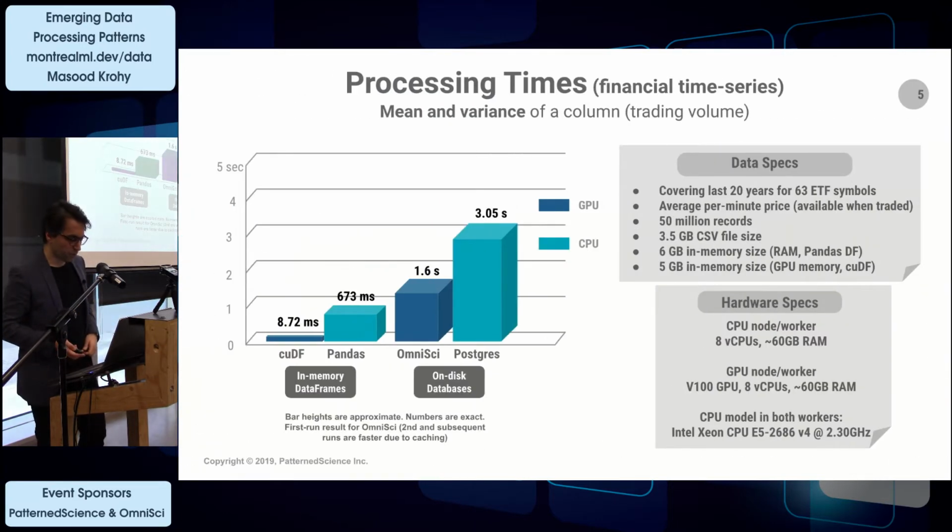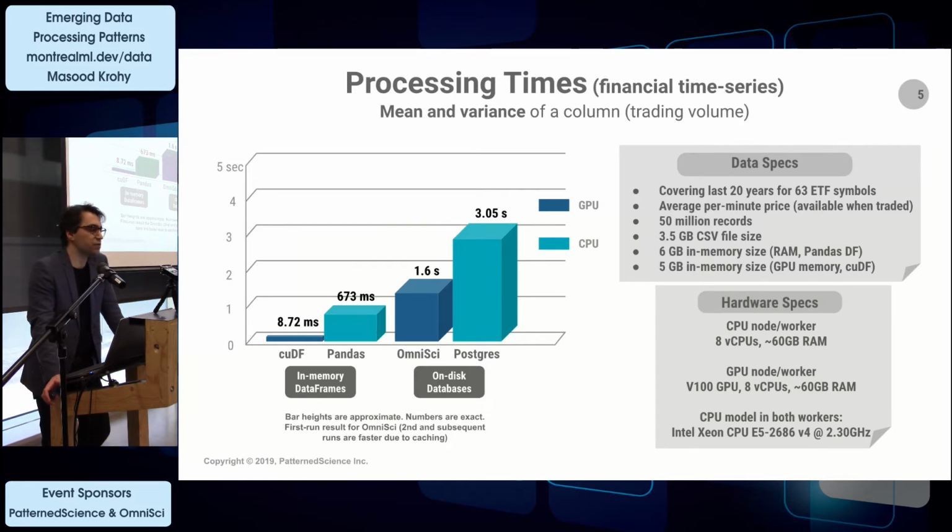So jumping right into the results, I'll walk you through this slide slowly. On the top right are the data specs. There are two datasets that we are benchmarking today. One is the financial time series data, which is about 20 years of 63 ETF symbols.